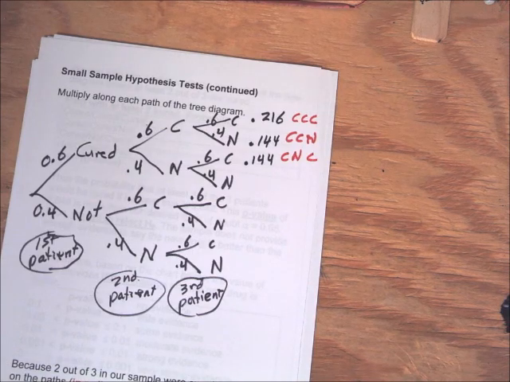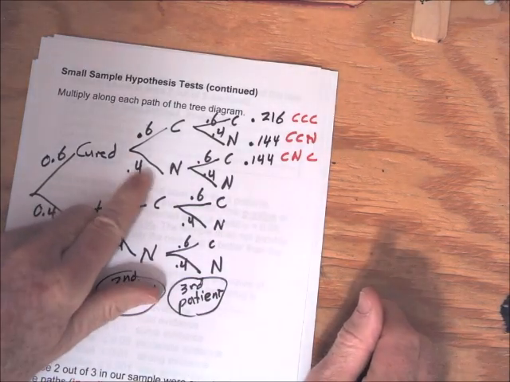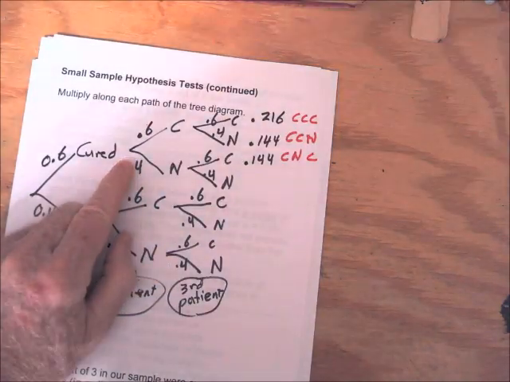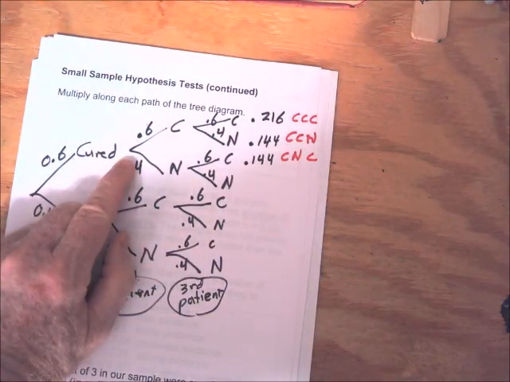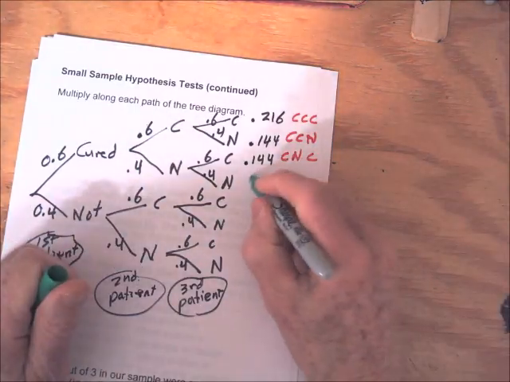The next path, 0.6 times 0.4 times 0.4. We can skip that path, because we only need the paths where at least 2 out of 3 were cured, because our sample proportion was 2 out of 3. So let's skip this path here.